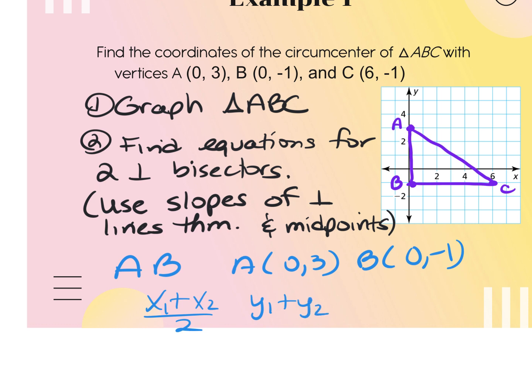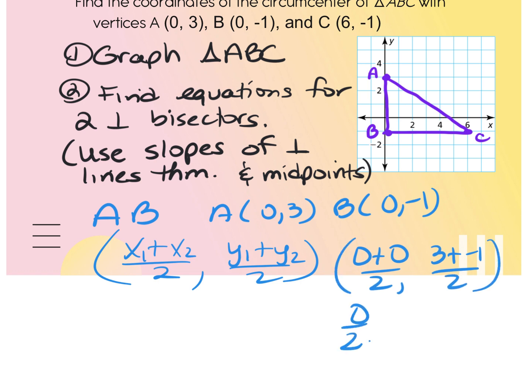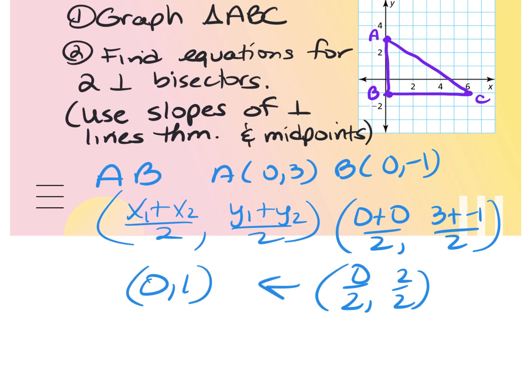Add your y's, divide by 2. So let's plug it in. 0 plus 0, divide by 2. 3 plus -1, divide by 2. 0 over 2, 2 over 2. So my midpoint is the ordered pair 0, 1. So this is the midpoint of AB, which is located right here.